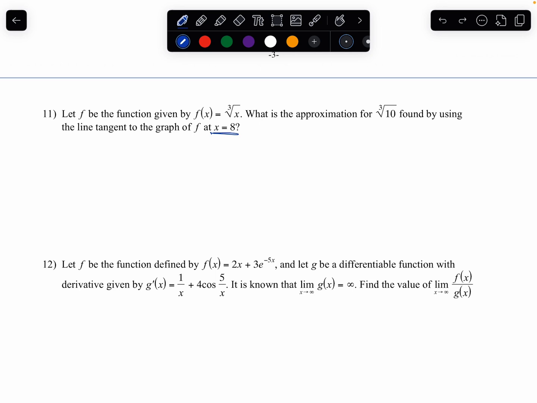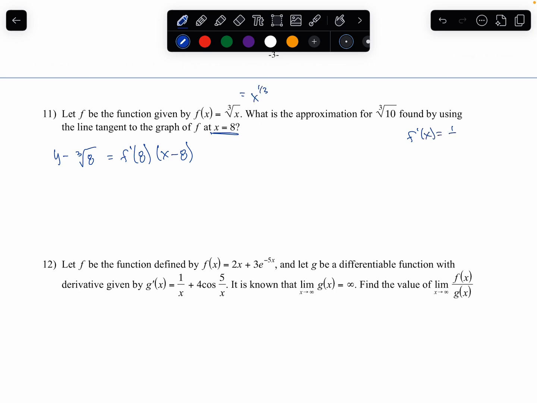So that's going to be y minus y1, and y1 is going to be the cube root of 8, equal to, now we're going to need f prime of 8 here. We need the slope of this graph at x equals 8, and then we're going to have x minus 8. So first of all, let me do f prime of x. Let me rewrite this as x to the 1/3.